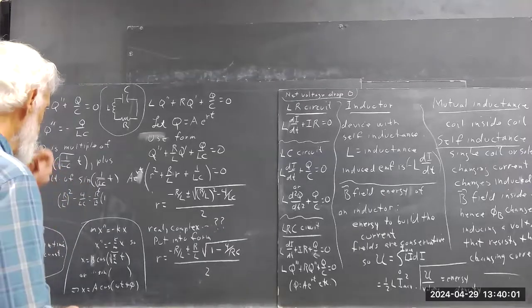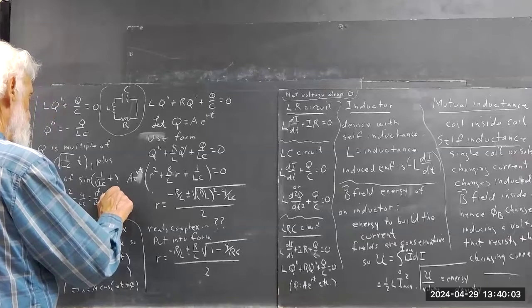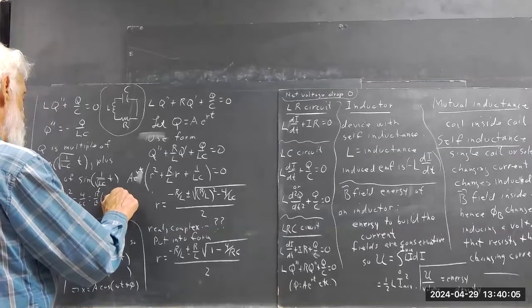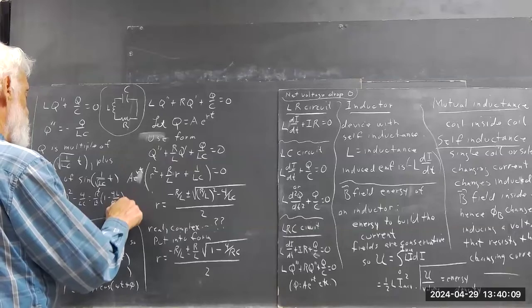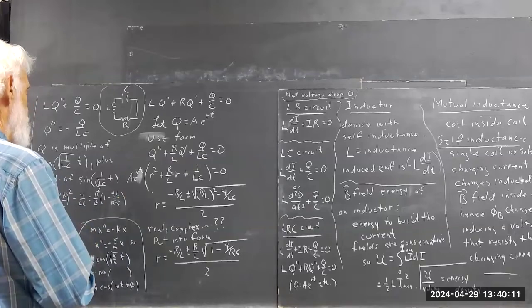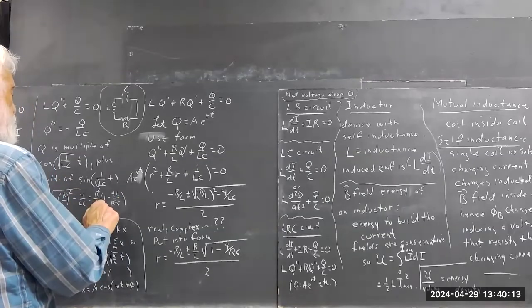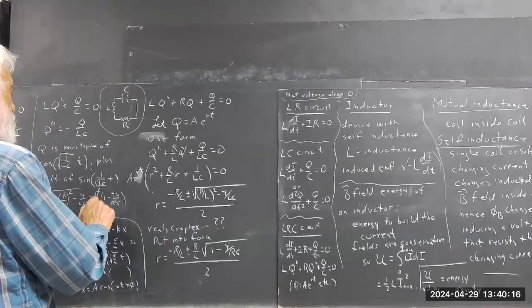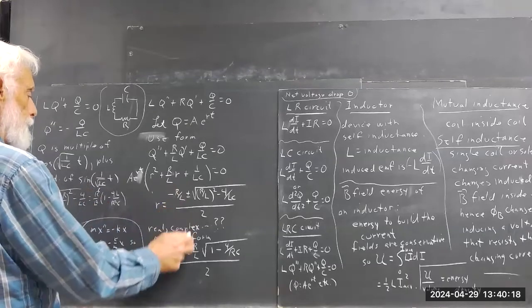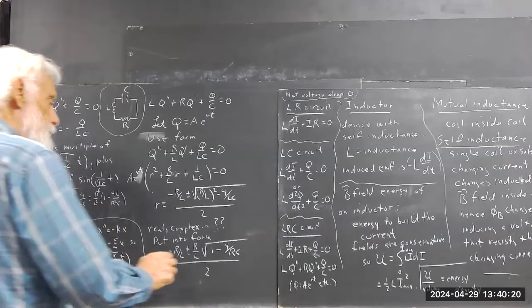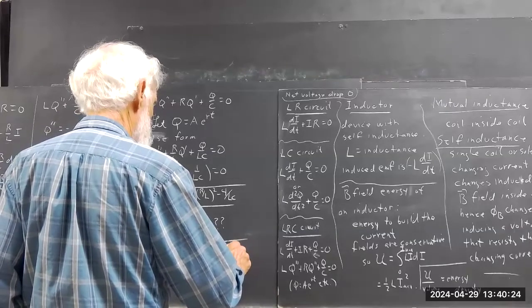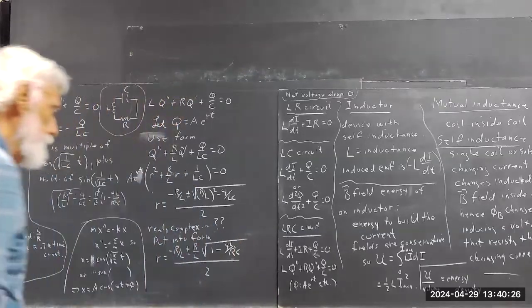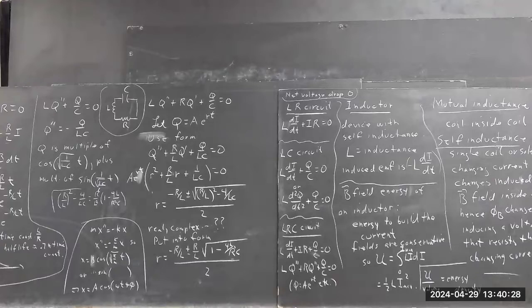I multiply this by L squared over R squared, I get negative 4L over R squared C. And then when I do the square root, R squared over L squared becomes R over L. This becomes minus 4L over R squared C, which doesn't look right to me either.